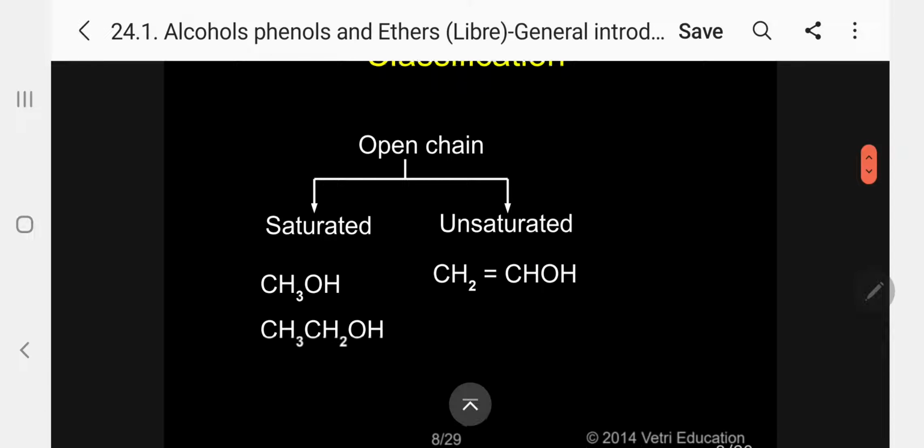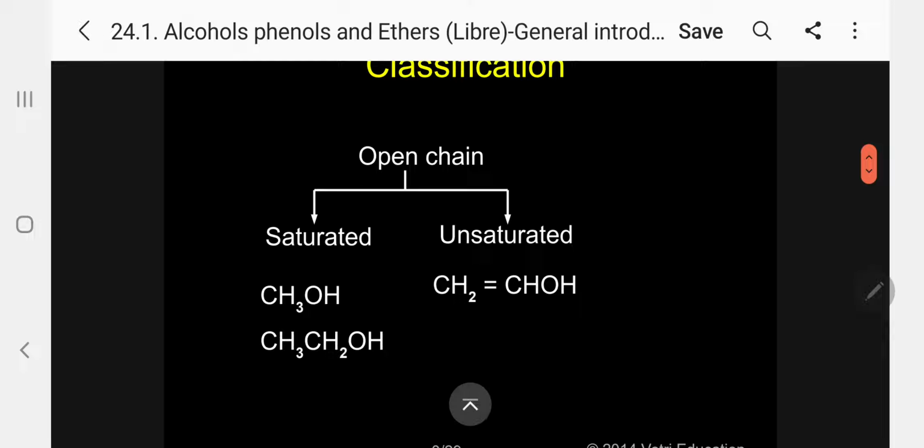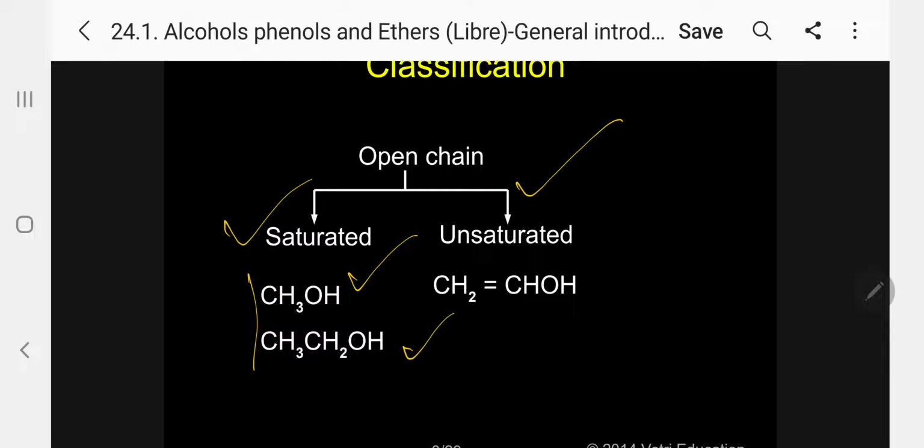Then open chain I further classify into saturated and unsaturated. Saturated examples are methyl alcohol and ethyl alcohol. These two compounds we will study under preparation and properties. We are going to study methanol and ethanol.